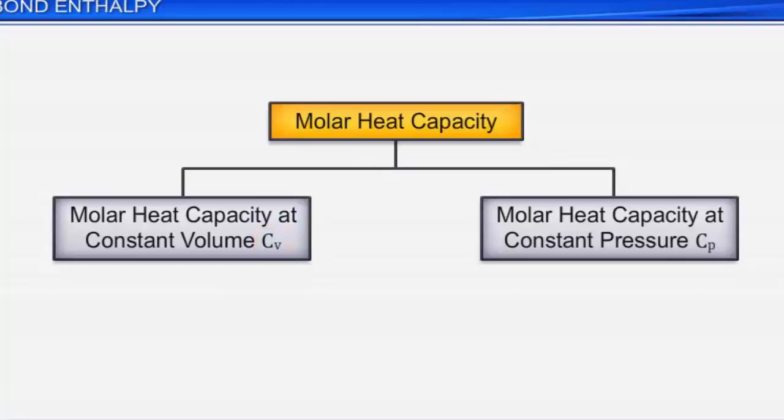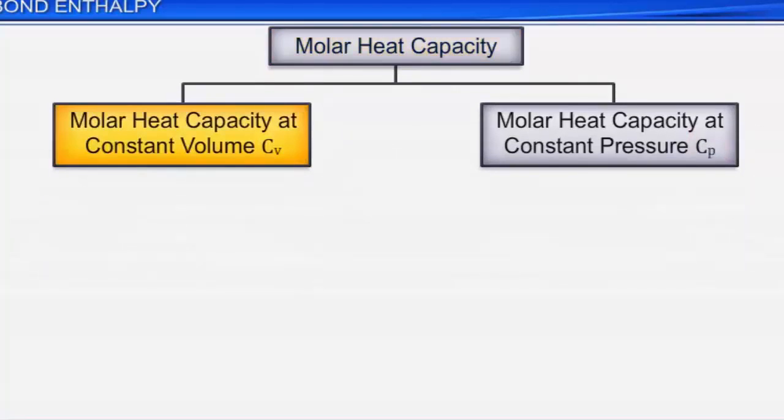We learnt that the equation for heat, Q, is the product of heat capacity and change in temperature, delta T. Therefore, at constant volume, heat Qv equals the product of heat capacity at constant volume, Cv, and change in temperature, delta T. But the heat absorbed at constant volume is equal to change in internal energy.